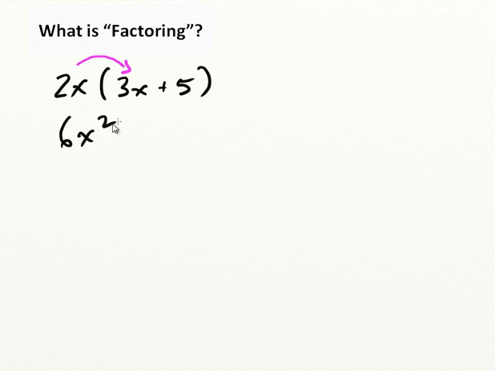So let's take a look at a couple of examples. Let's say we had a mathematical expression, 2x times (3x + 5). We know that this is a monomial times a binomial, and if we were to multiply this out to remove the brackets, we would take the 2x and multiply it into the brackets. 2x times 3x is going to give us 6x squared.